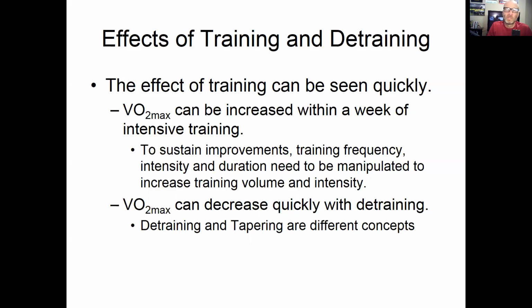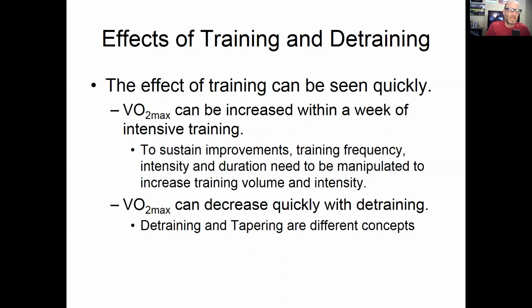VO2 max can also decrease quickly with detraining. Now, detraining and tapering are different concepts. Tapering is preparing for an event, and tapering is a gradual decline in training intensity and volume and frequency, whatever it may be.